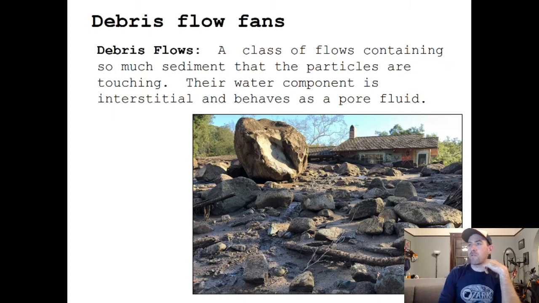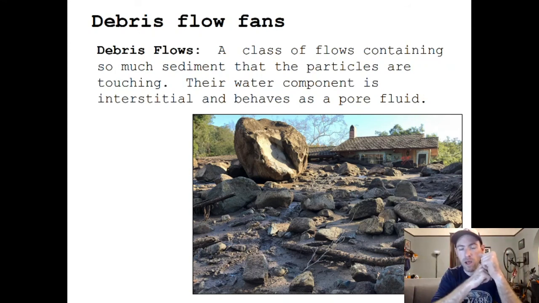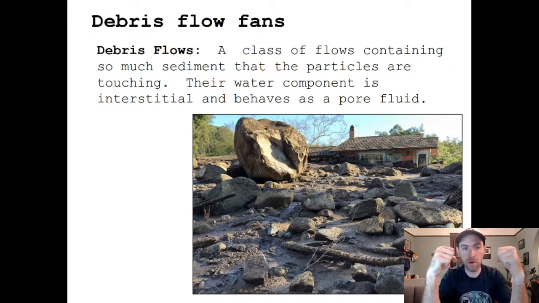They result from what are called debris flows, a type of flow that contains so much sediment that the particles are constantly in contact as they're flowing. They're not water suspended particles. They're actually particle suspended particles, and the water is contained as a pore fluid, so it's between the grains but not supporting the grains, if you will.